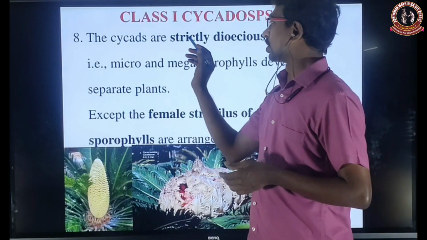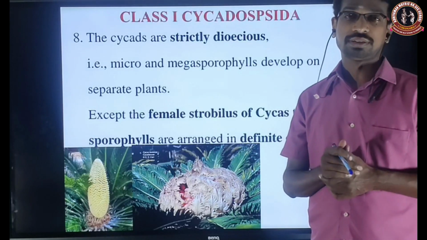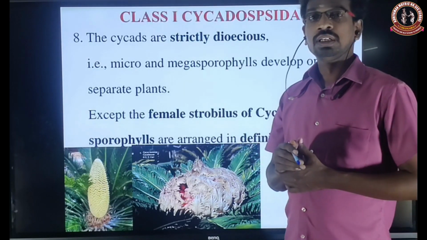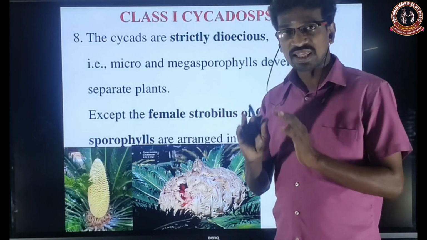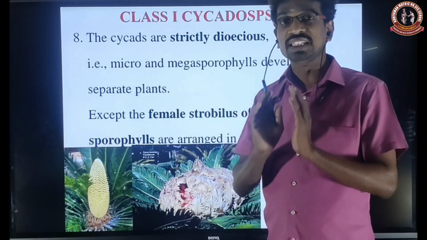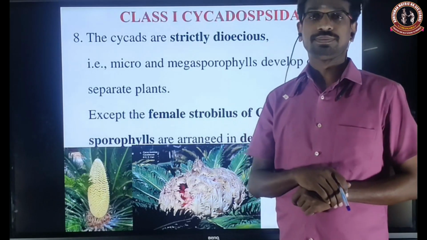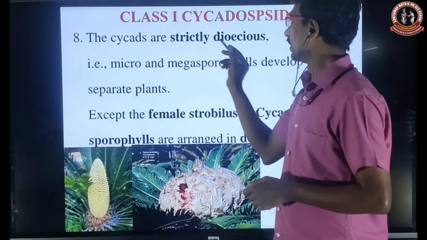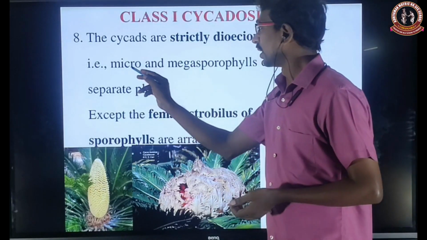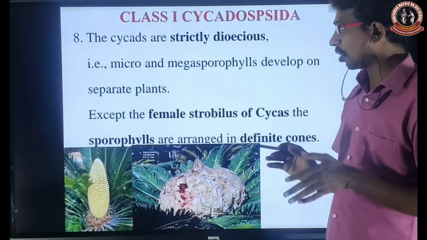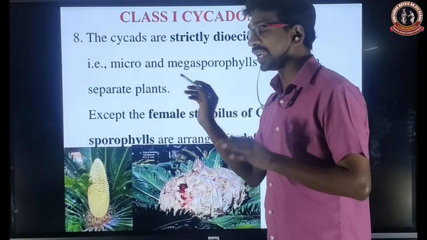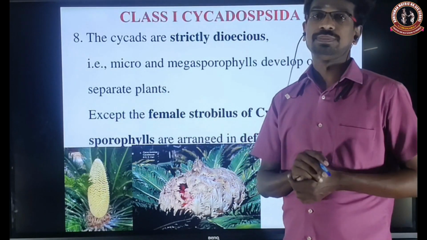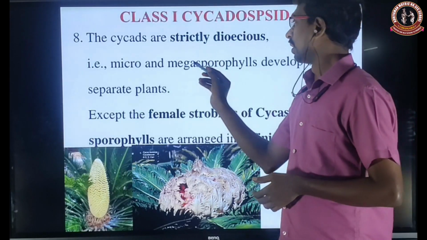The cycads are strictly dioecious. What does di mean? Two. The male and the female sex organs are present in different individuals, different parent plants. That is dioecious. The microsporophylls and megasporophylls develop on separate plants. Microsporophyll means male cone.